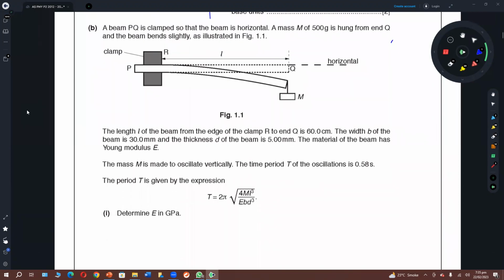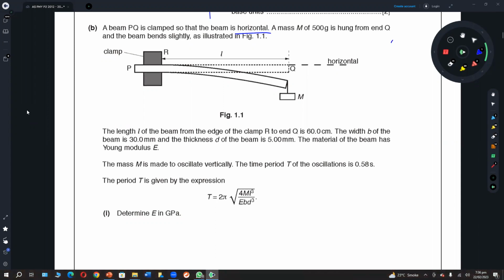A beam PQ is clamped so that the beam is horizontal. A mass M of 500 gram is hung from Q and the beam bends slightly as illustrated. A slight bending has occurred.